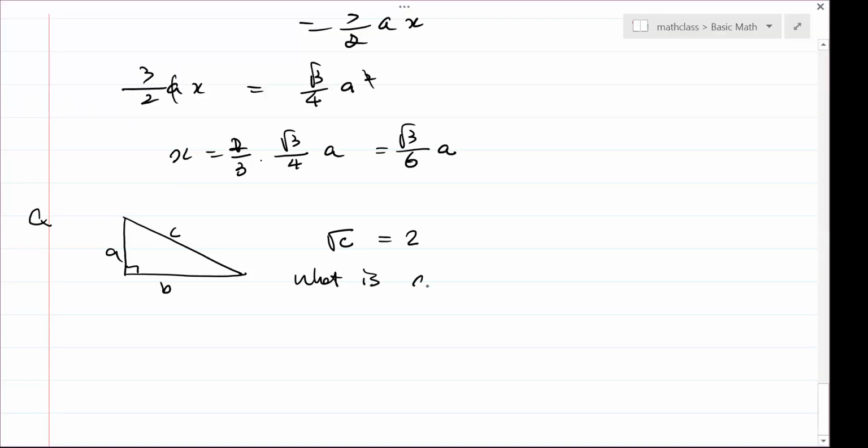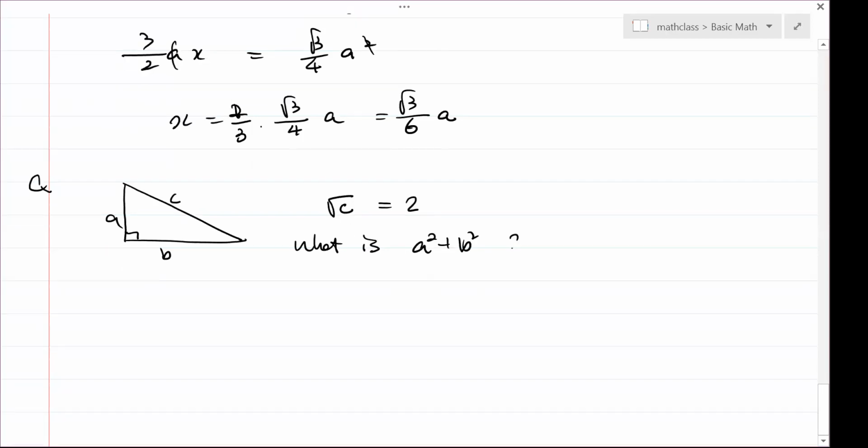Understand what is the value of a squared plus b squared. So what is the sum of the squares of the length of the two sides, if you know the square root of the length of the hypotenuse? So all you have to do is just write down the formula, right?